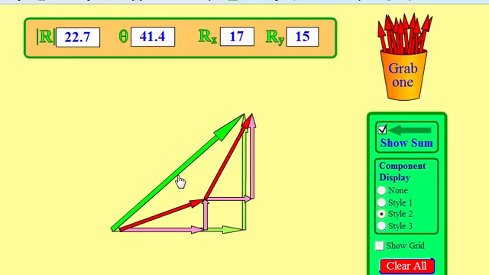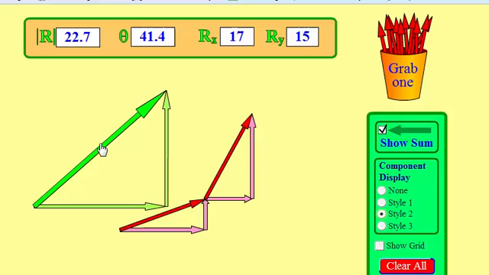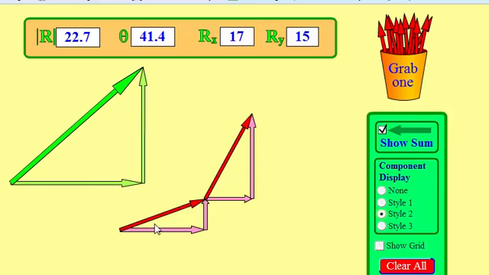So you can take two vectors that are at weird angles and turn them into something that's pure x, pure y, pure x, pure y. Add the x's together with the x's, add the y's together with the y's, and lo and behold, you've got a perfect resultant vector which you can get exactly by Pythagoras. You can get the magnitude, and you can get the angle exactly by inverse tangent.